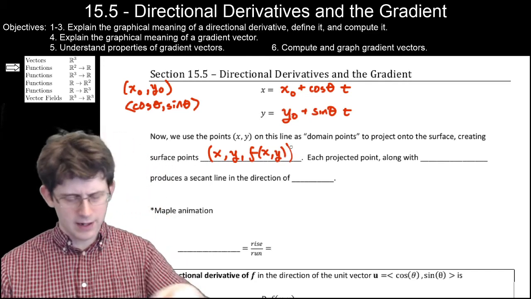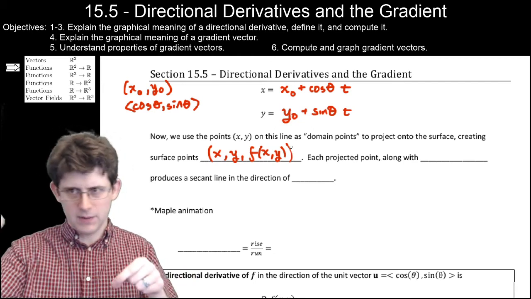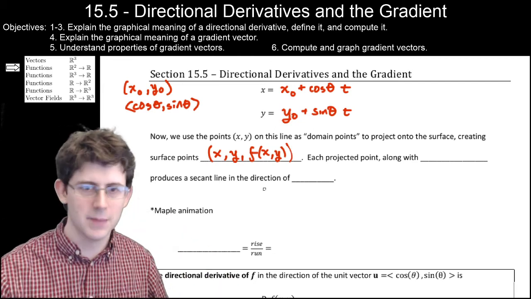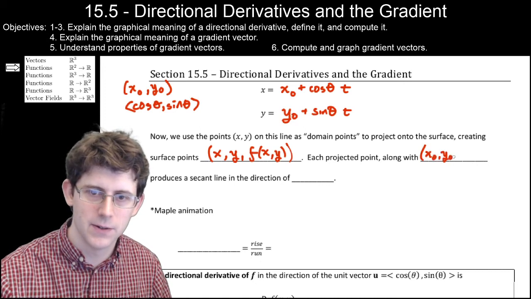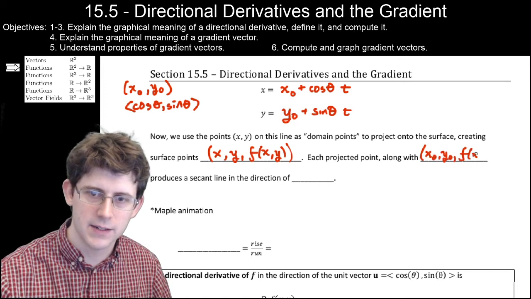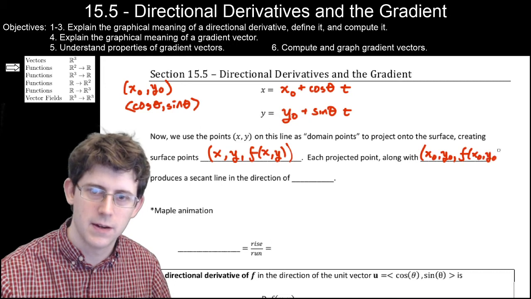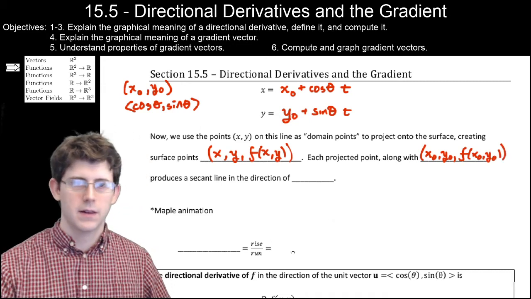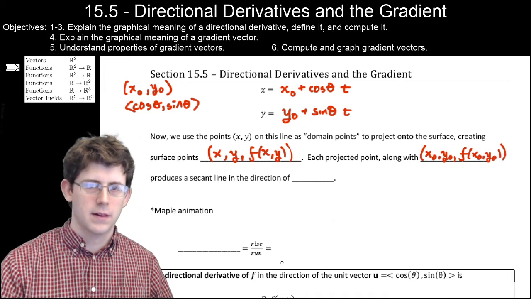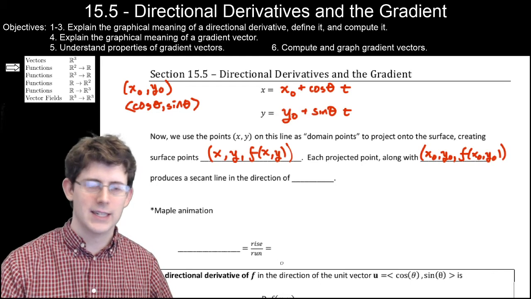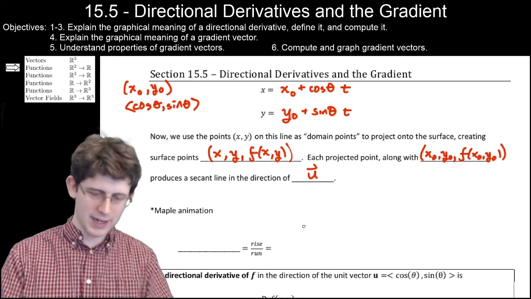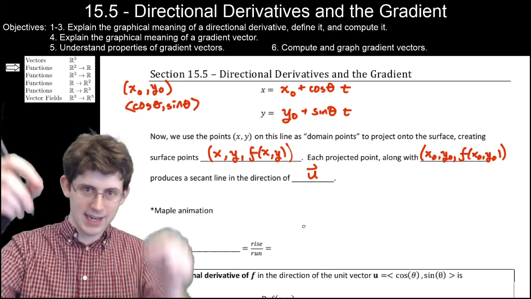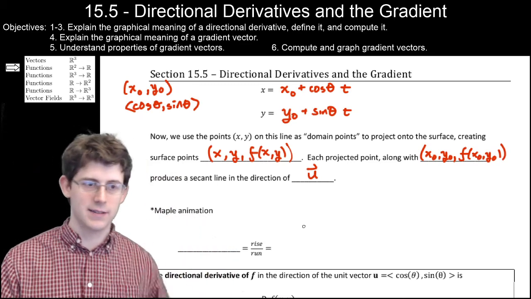But you can always connect that point with the base point that we actually care about, which we called x0, y0, f of x0, y0. I don't know if you can imagine this, but for each point on the line, we'll get a secant line that's in the correct direction.